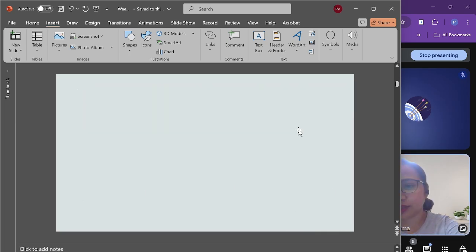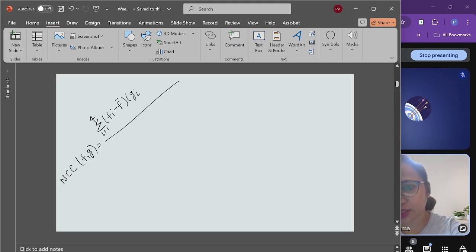Okay, so let's calculate first the normalized cross correlation f comma z, where a lot of values will be there. It is a summation of fi minus f dash. Here I will take i equal to 1 to 4, so it will vary: fi minus f dash and gi minus g dash.